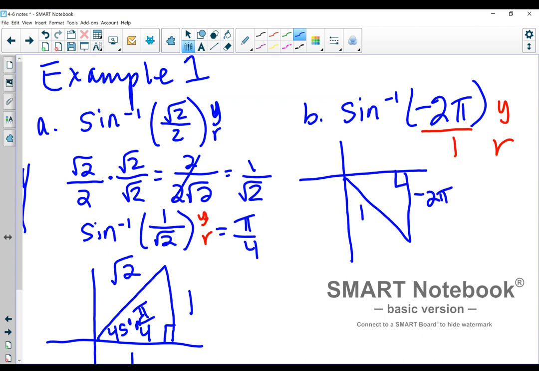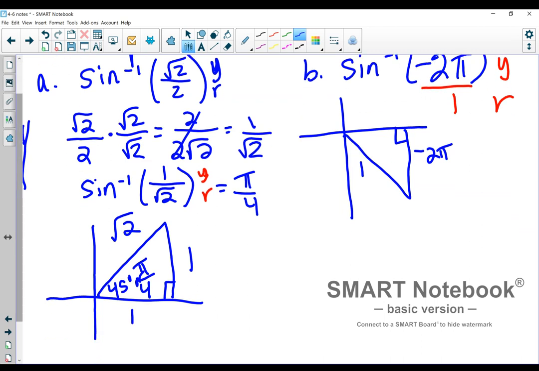So I could find my third side with the Pythagorean theorem. But there's already something here that's kind of weird, right? So the hypotenuse, negative 2 pi, would be like negative 6.28. The hypotenuse needs to be the longest side. So I don't have a triangle that really works here.